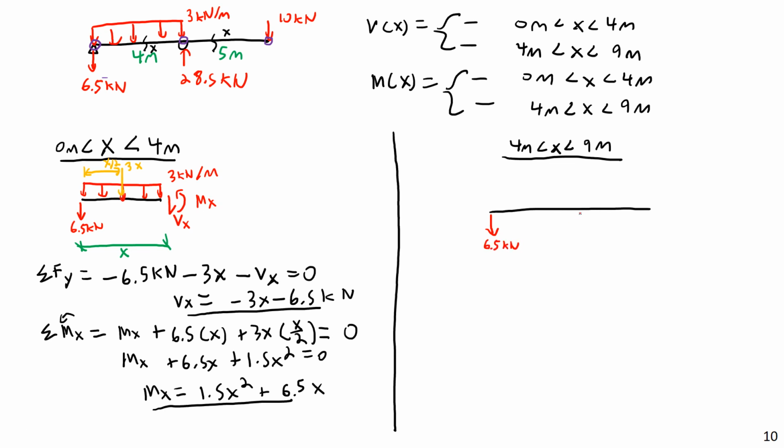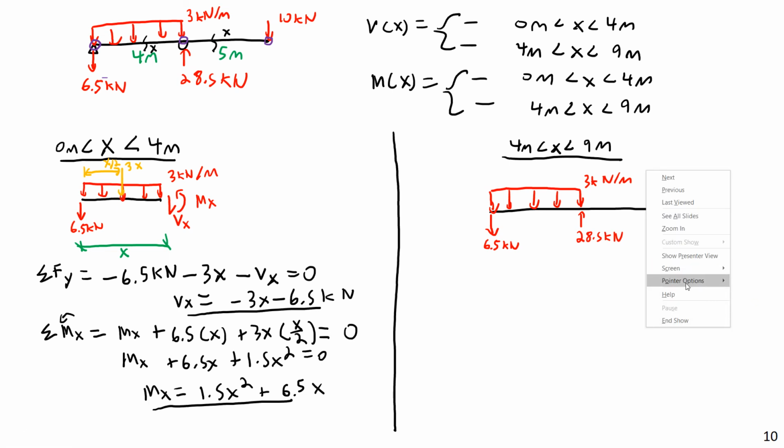And I'm going to then put the upward 28.5 kilonewton force. And I will have the 3 kilonewton per meter force. Then I'll have some unknown V of x, and Mx.